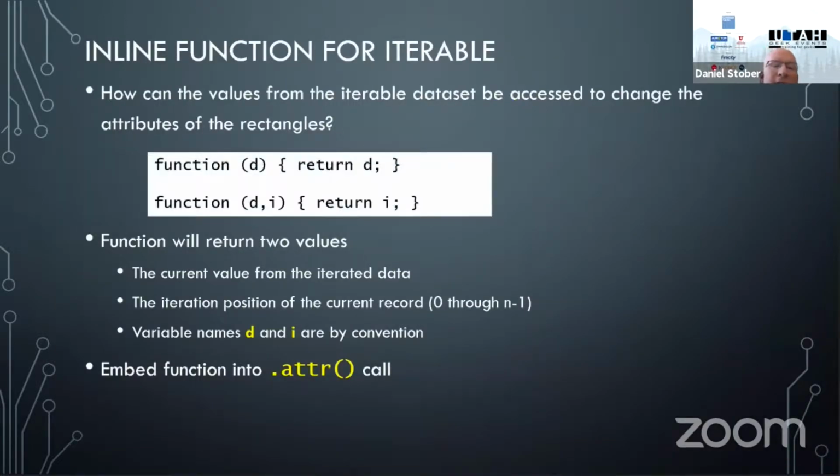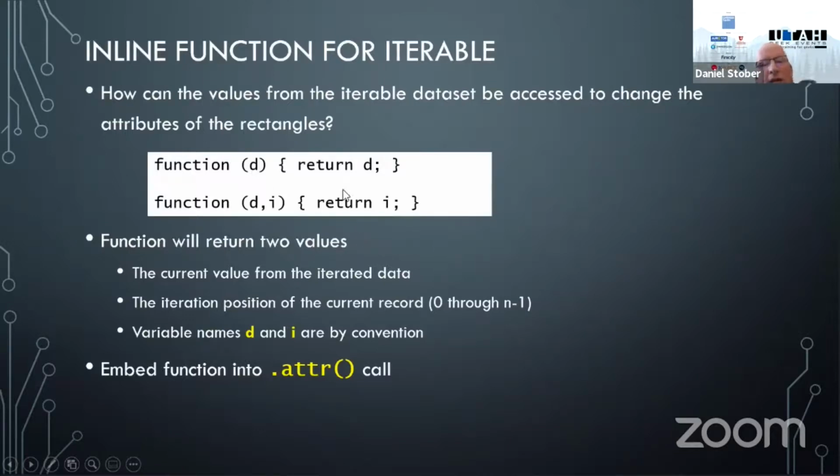So I'm going to introduce another concept to you here, which is the inline function. Basically, this is something in D3 that allows the API to access the value from each of the data elements as it iterates through them. And there are two flavors that you'll see here. One of them is function with one parameter, and another one is function with two parameters, okay?